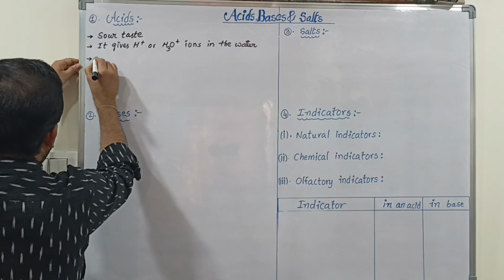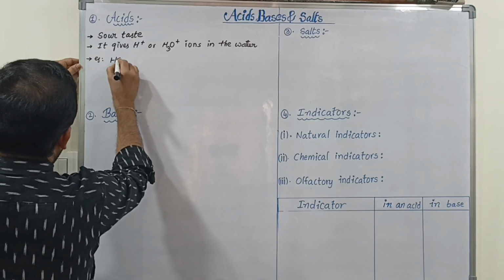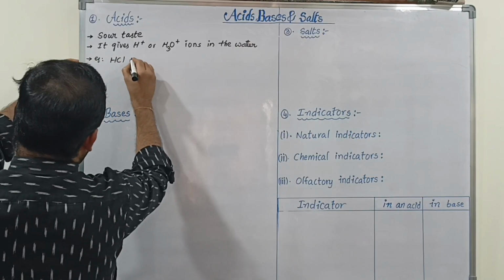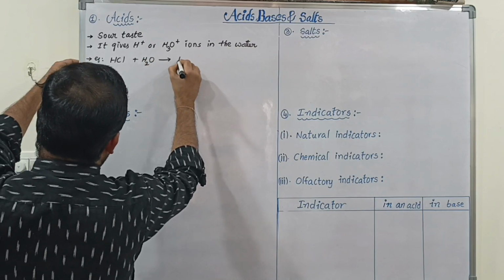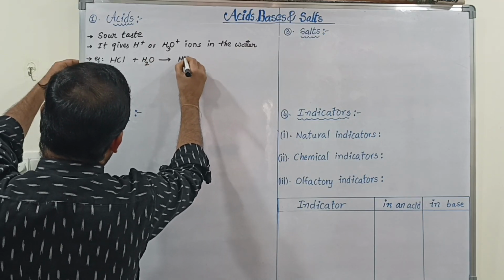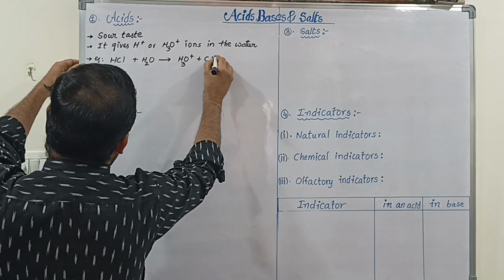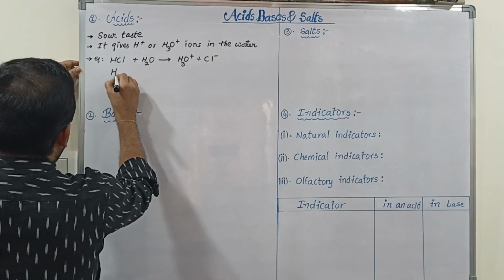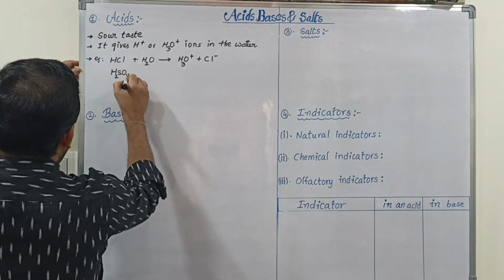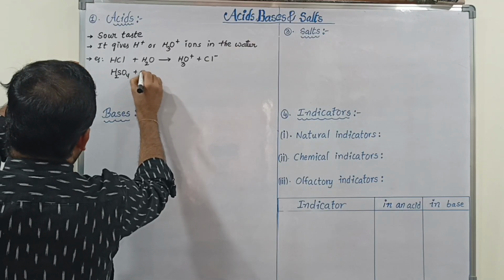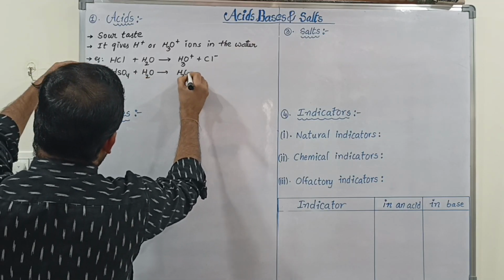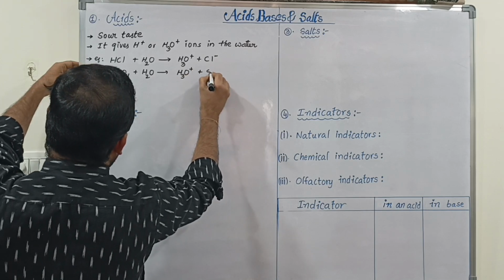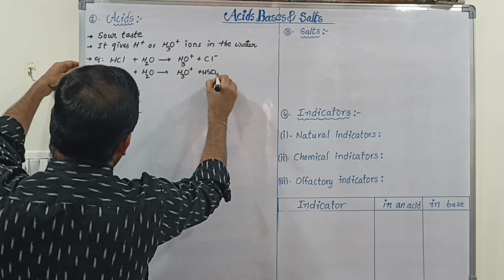For example, HCl is dissolved in water, forms H3O plus Cl minus. Like that, take H2SO4, strong acid, sulfuric acid. It is also dissolved in the water, forms H3O plus HSO4 minus.